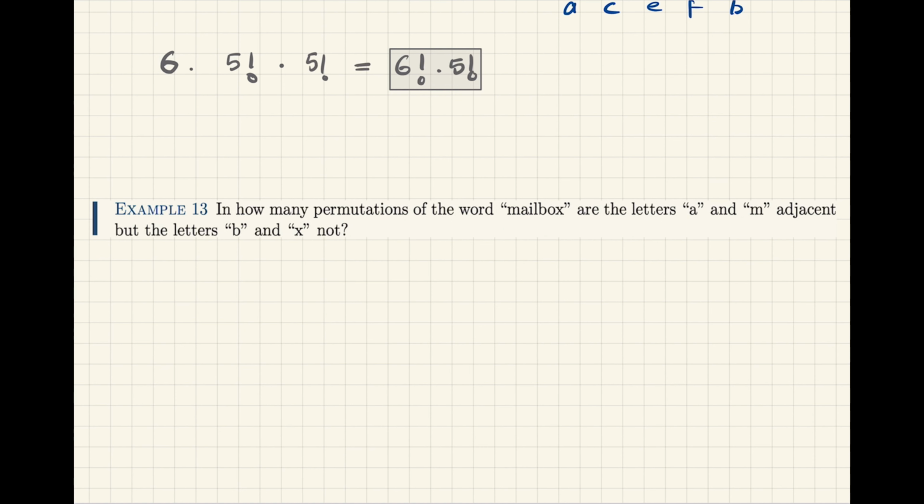This is like the arrangements where we don't want two objects to be next to each other, so you need to be a little bit more careful for this problem. Let me just draw a Venn diagram for you here.